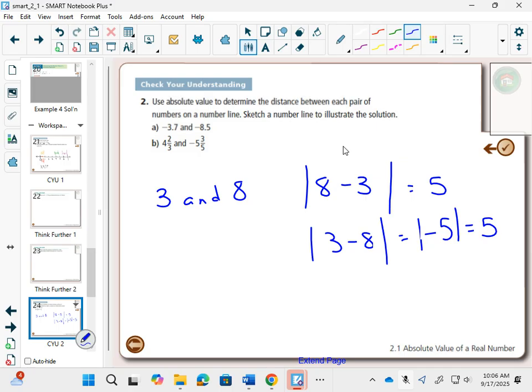But the nice thing about the absolute values is if you put the absolute value distance thing and you mess up which one's bigger and which one's smaller, you're still going to get the right answer. So technically, I should put the bigger one, negative 3.7, minus the smaller one, negative 8.5.